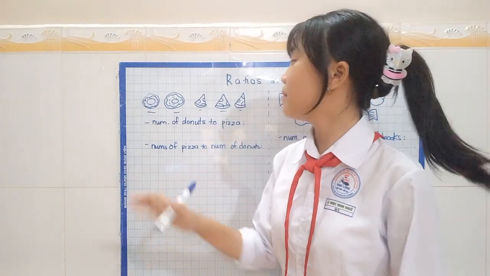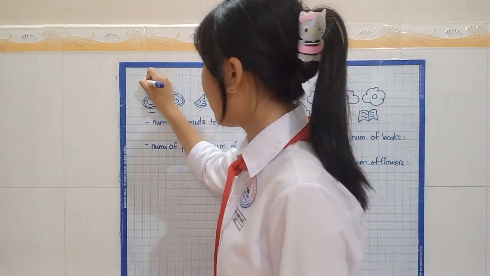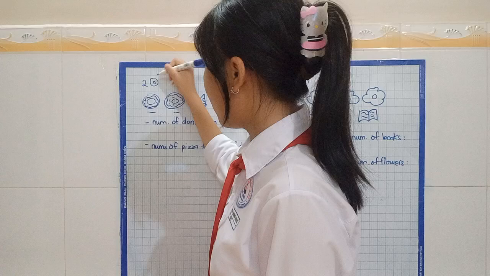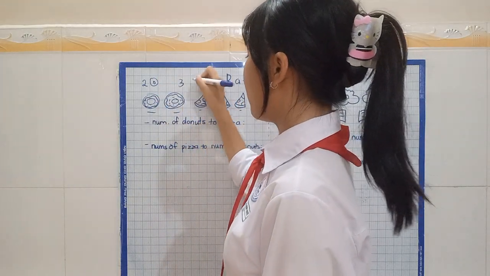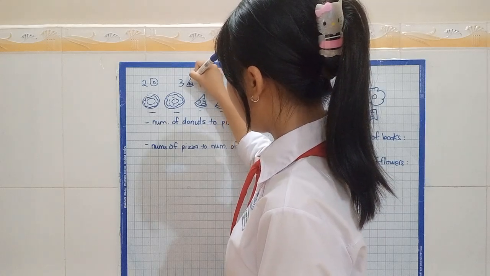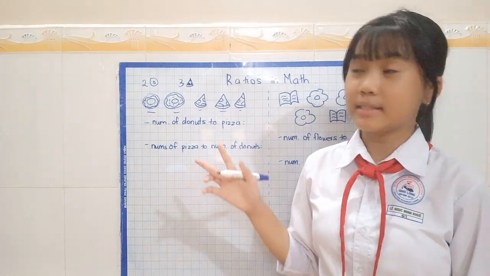First, let's count. We have 1, 2, 2 donuts. So let me draw down. We have 2 donuts. And 1, 2, 3, 3 pizza. So it's like this. So those are our 2 main subjects.